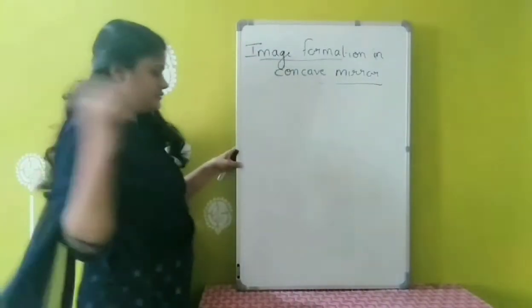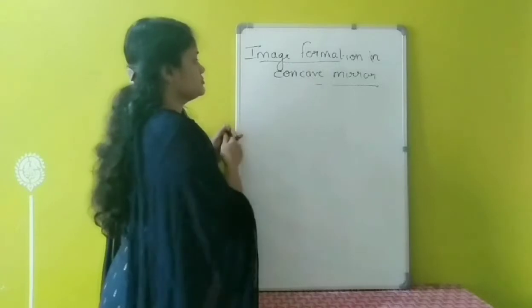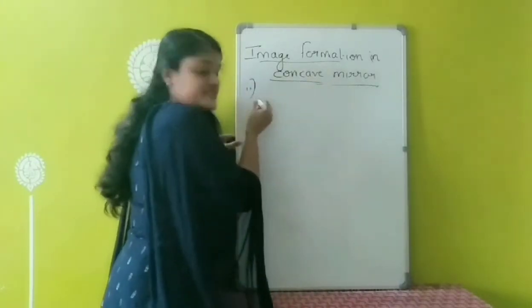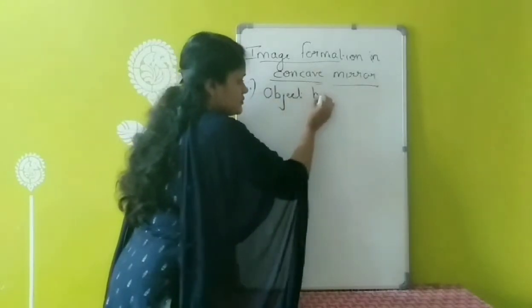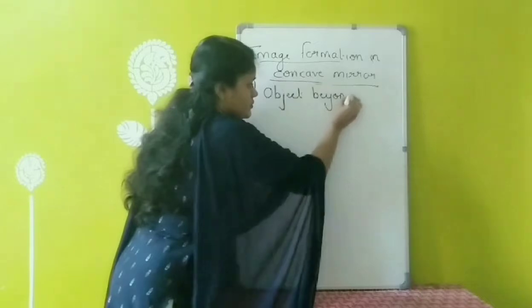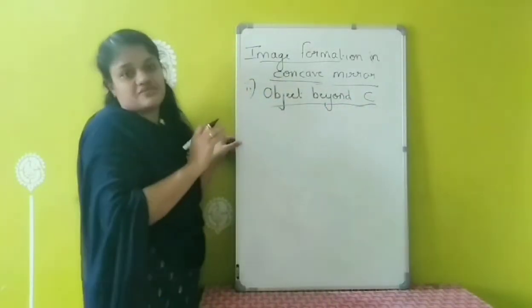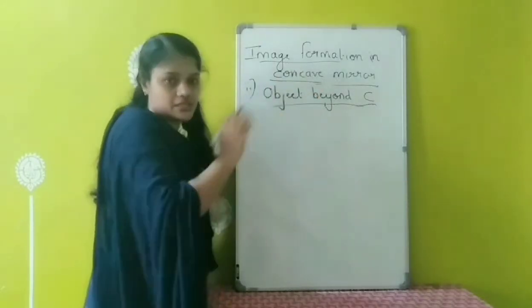So second one, object beyond C. That means the object is beyond the center of curvature. So we are placing the object beyond the center of curvature and we have to find the position of the image.